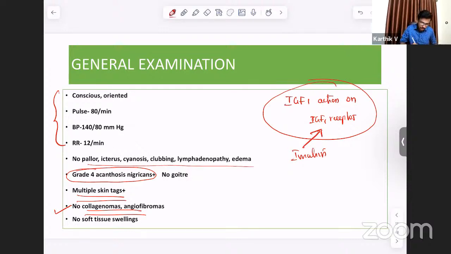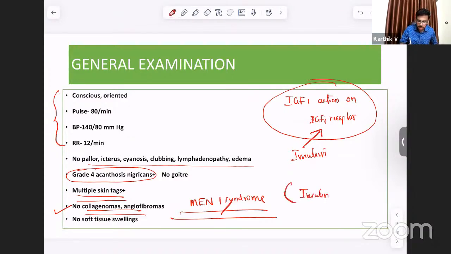So this could be a case of MEN1 syndrome, because collagenomas and angiofibromas are seen in MEN1 syndrome, and MEN1 syndrome could well have insulinoma as one of the pancreatic neuroendocrine tumors, which could be the cause for this hyperinsulinemic hypoglycemia. So these things you should take special account of while examining the patient.